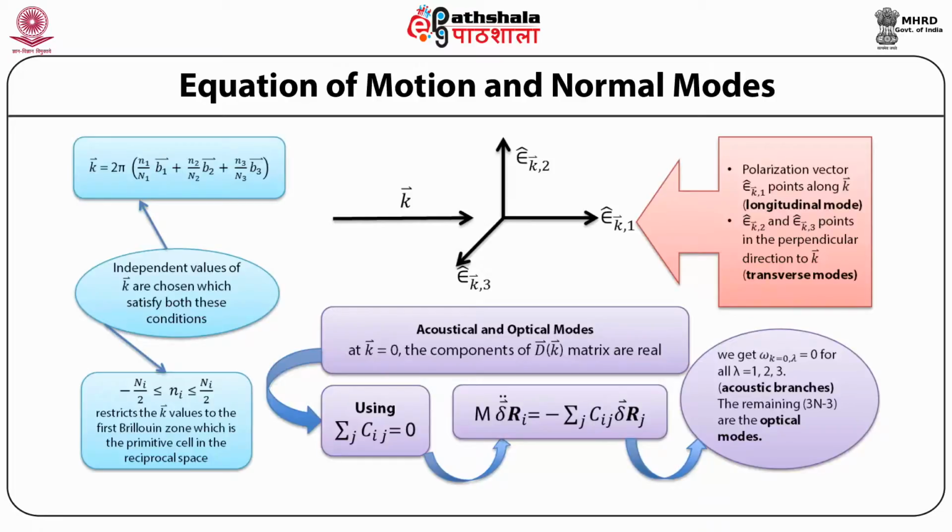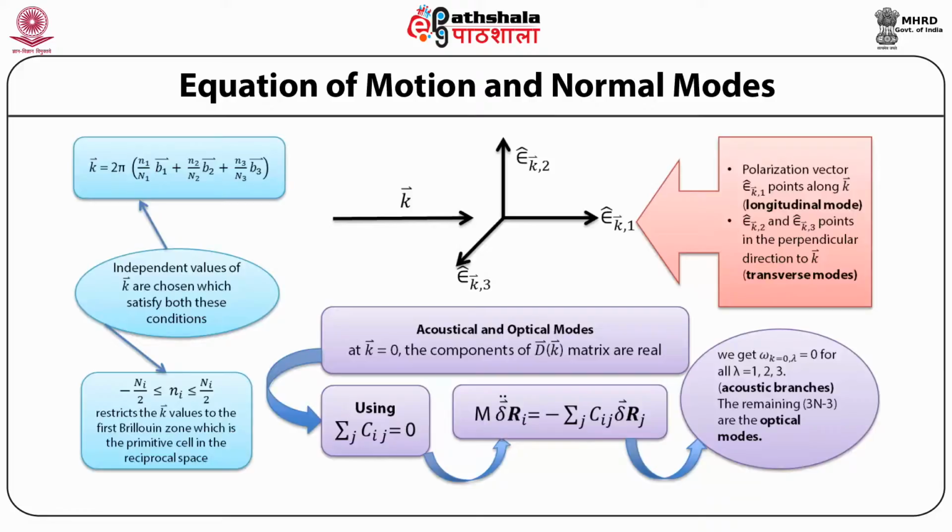You see from here the direction of k is from left to right, and on the right-hand side the figure tells you that along k we have epsilon k1. Let us say that this is the x-axis. Then along the y and the z axis you have the other two polarization vectors epsilon k2 and epsilon k3.